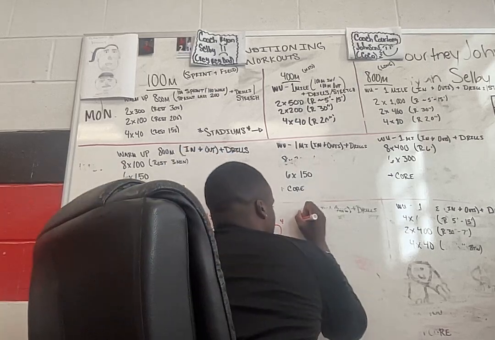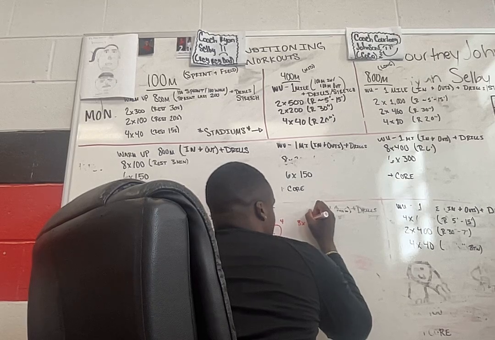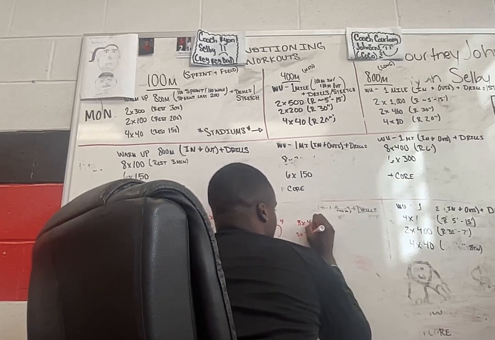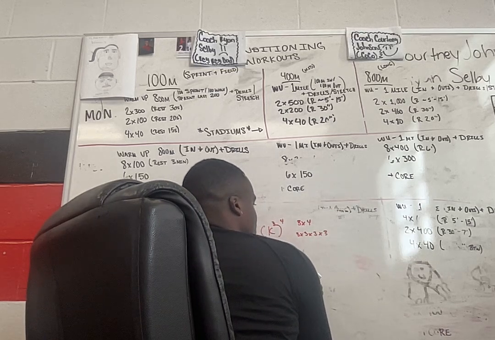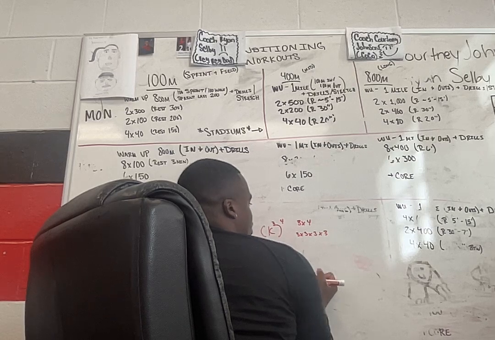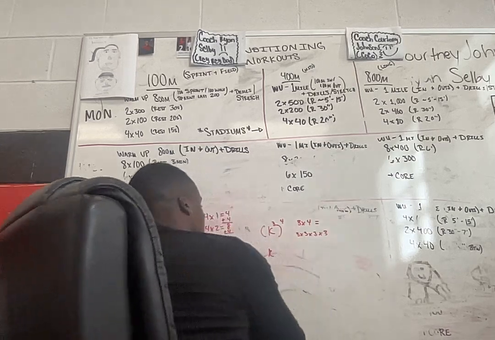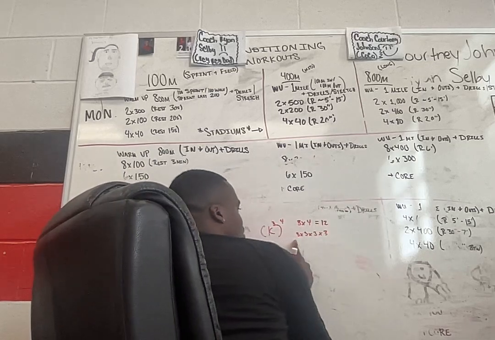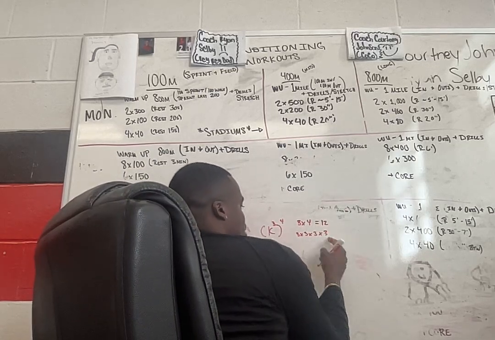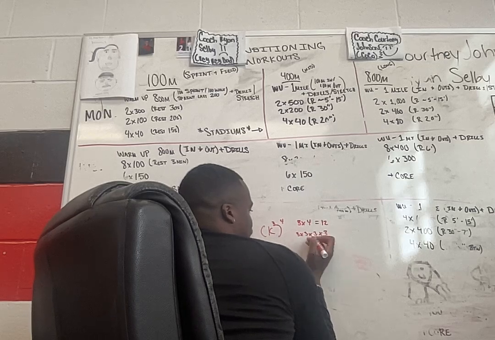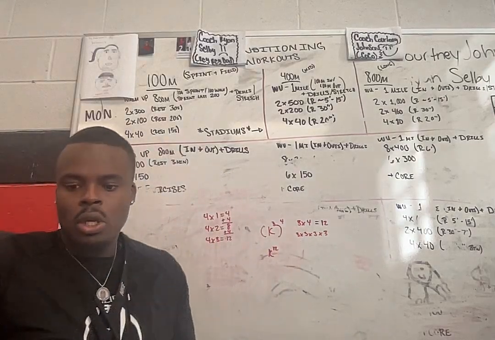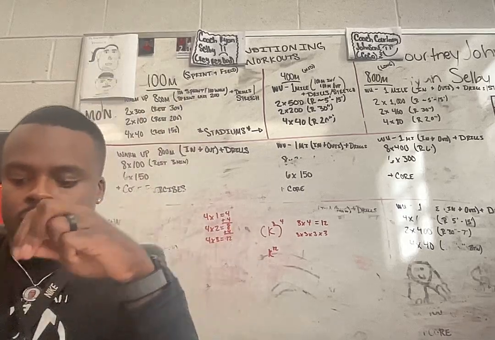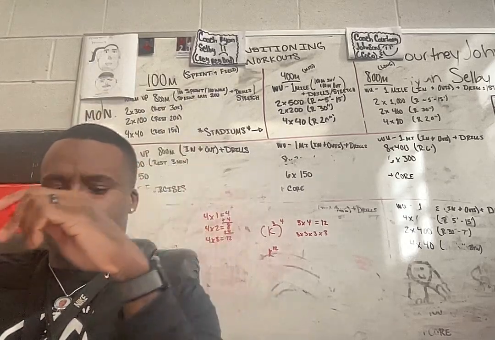Am I doing 3 times 4, or could we do 3 times 3 times 3 times 3? Think about it, that's another way to do it. We know that 3 times 4 is 12, and isn't this the same thing too? It's just telling me to do 3 times 3 times 3 times 3. So how many 3s do I have right here? I have 4, which means I'm going to do 3 times 4 equals 12. So my answer is going to be 12K. Simple. Makes more sense with that part.